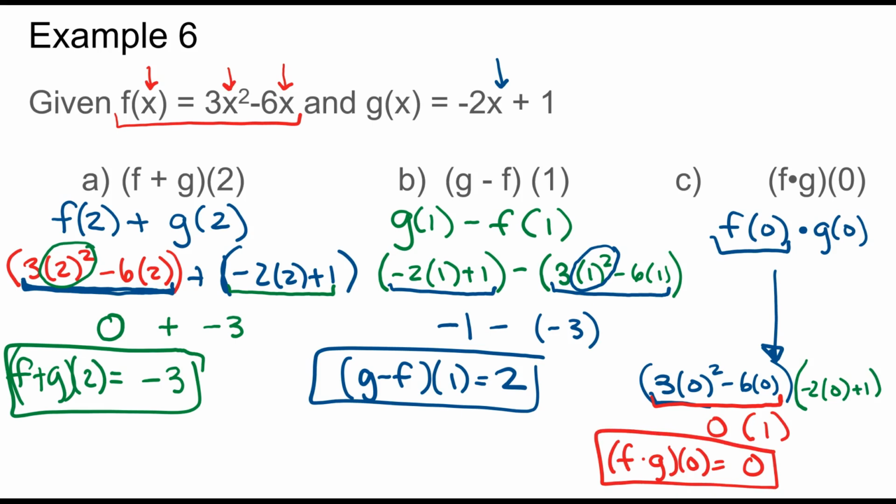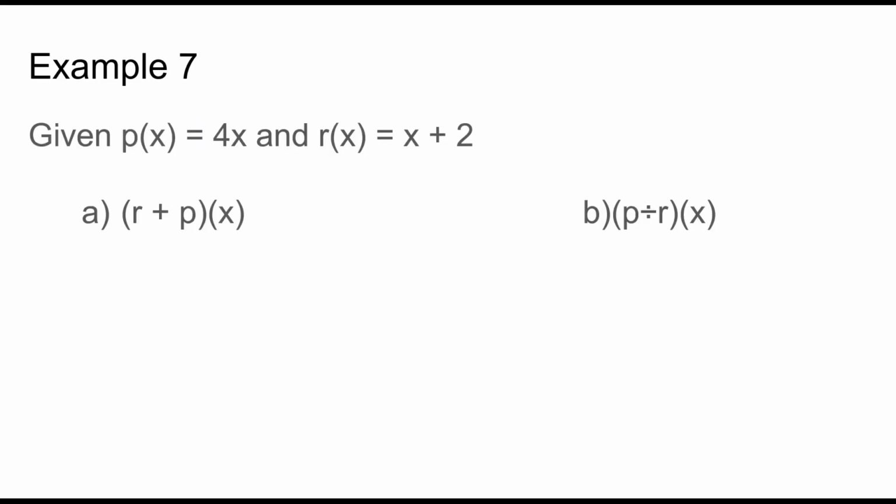One more example together. This notation can be the trickiest, so we'll try it again without any numbers on the inside. So we've got p of x and we've got r of x. And so we'll take a look. They say r plus p of x. So that's really the same as r of x plus p of x.